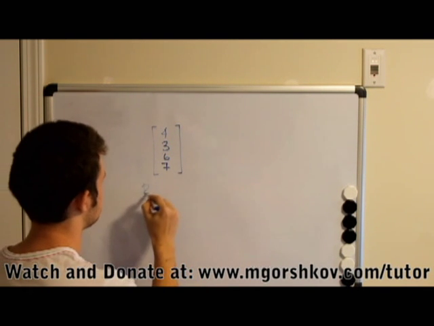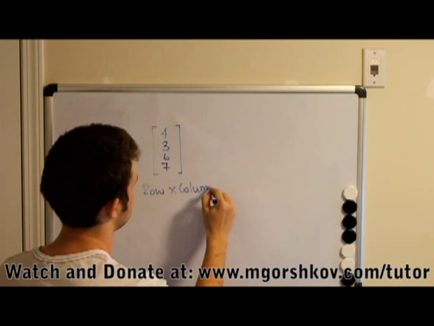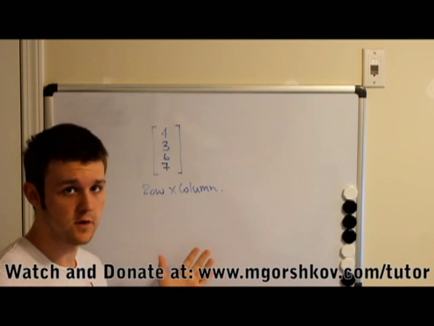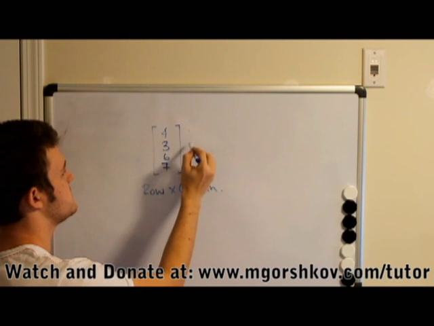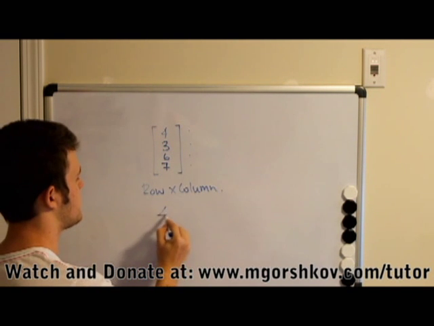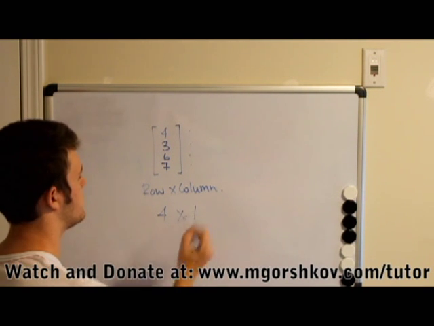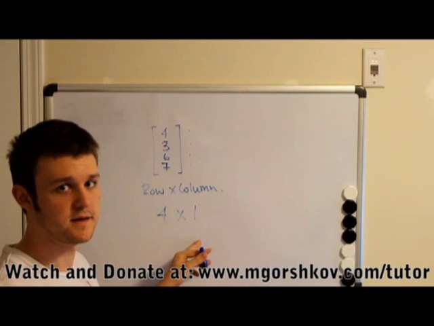So, if it's in a row by column form, you know that you have 1, 2, 3, 4. You have 4 rows, and you have 1 column. So you know that this would be a 4 by 1 matrix.